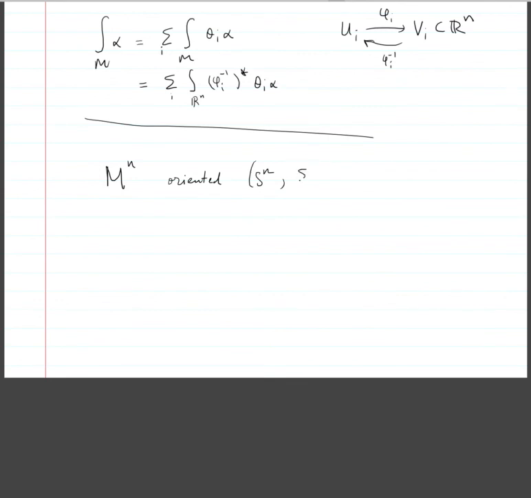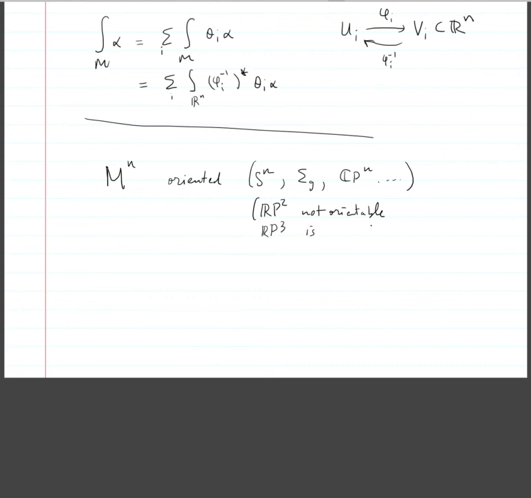The genus g surface is oriented. Which other manifolds did we see? All complex manifolds are oriented, so the CPNs and the complex Grassmannians are all oriented, etc. And RP2 is not orientable, meaning that you cannot choose an orientation, but RP3 is.